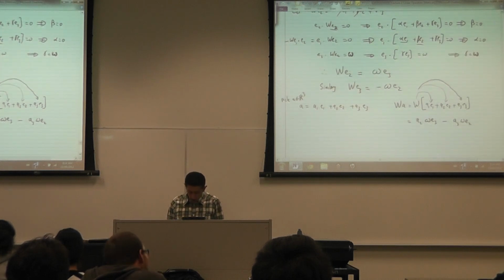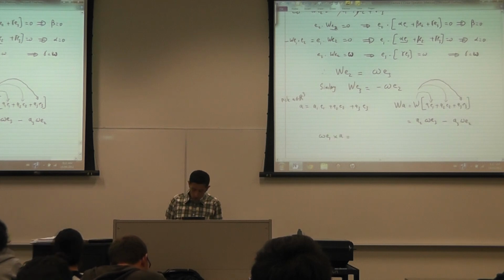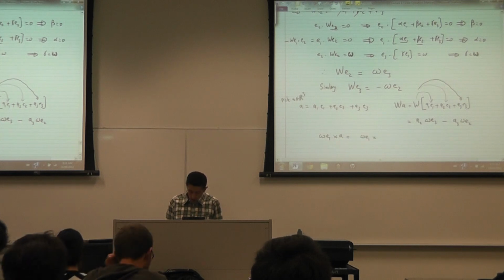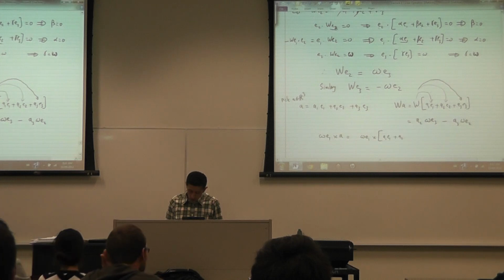What if I now take this omega E1 vector and cross it with A? This is omega E1 vector cross (A1 E1 plus A2 E2 plus A3 E3). E1 cross E1 is 0. E1 cross E2 is E3.